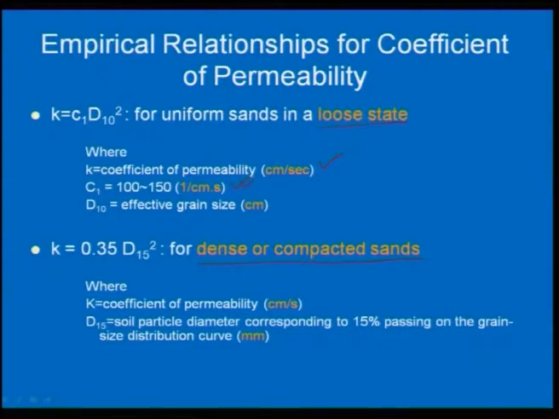Similarly, d15 is your soil particle diameter corresponding to 15% passing on the grain size distribution curve, in mm. If it is d10, then it will be 10% passing on the grain size distribution curve.